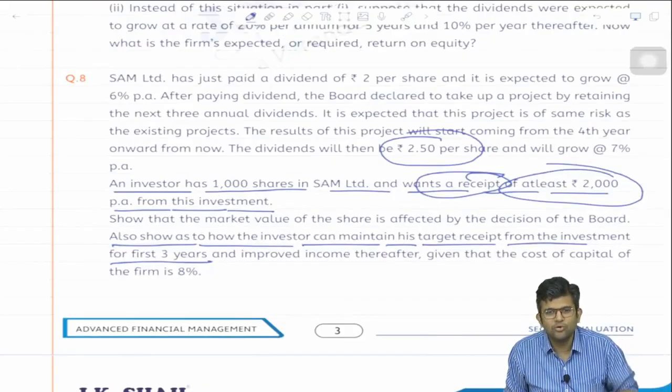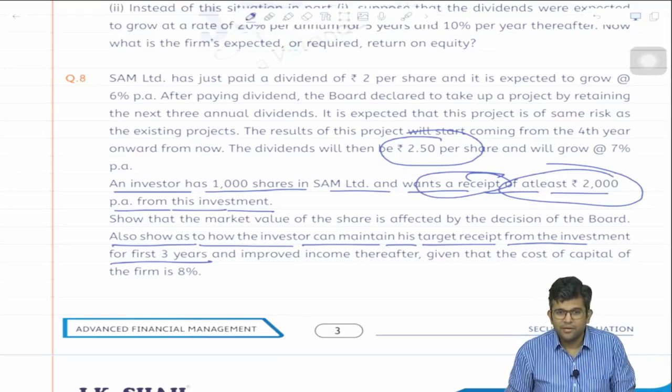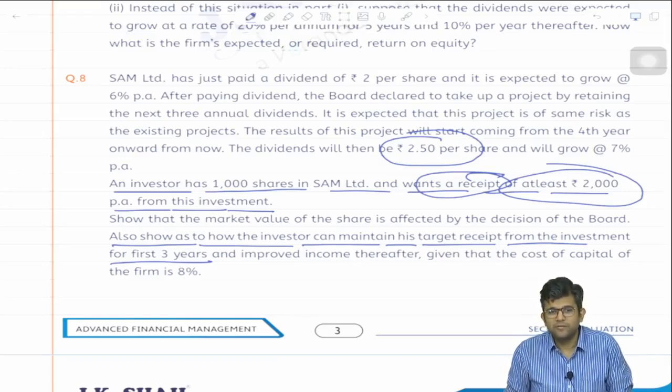Now two gifts you can give. You are understanding? 2.5. But then you will say, no sir, we have to check. I say, why? Because sir, now I am not left with only 1000 shares. Lost in 3 years.